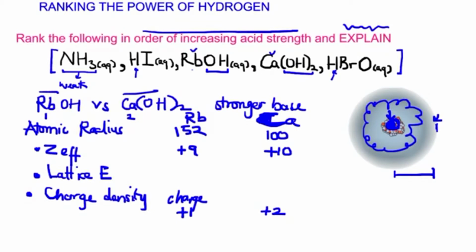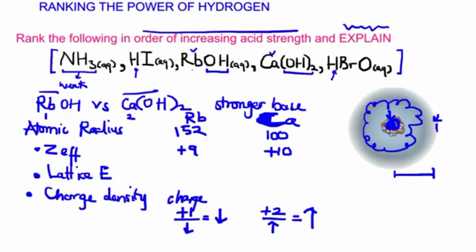So therefore, rubidium will have a larger volume compared to calcium, which has a smaller volume. So if rubidium has a larger volume compared to the charge, calcium will have a higher charge density. However, as the denominator becomes larger for rubidium, the charge density becomes smaller.